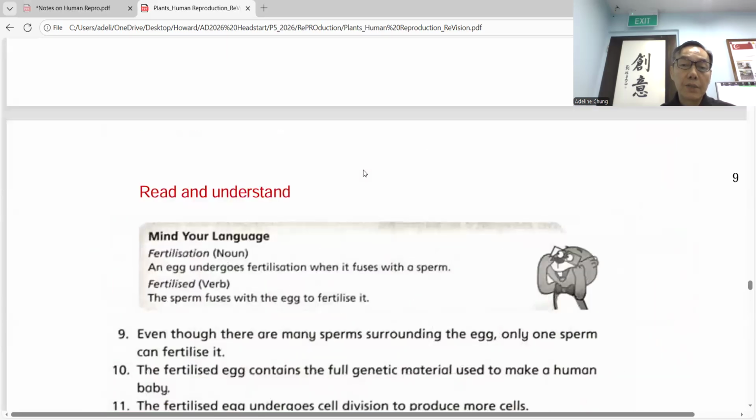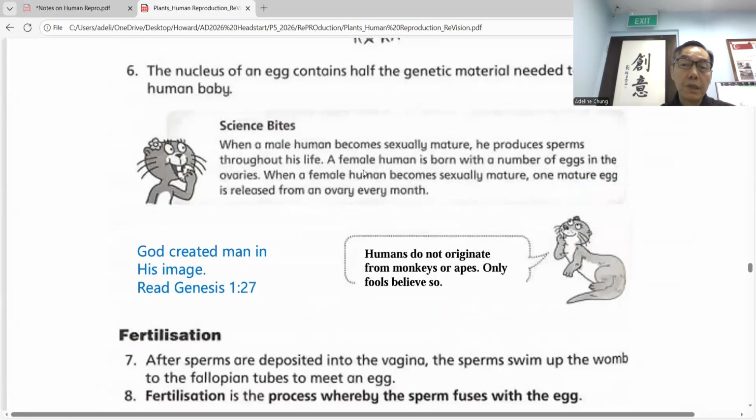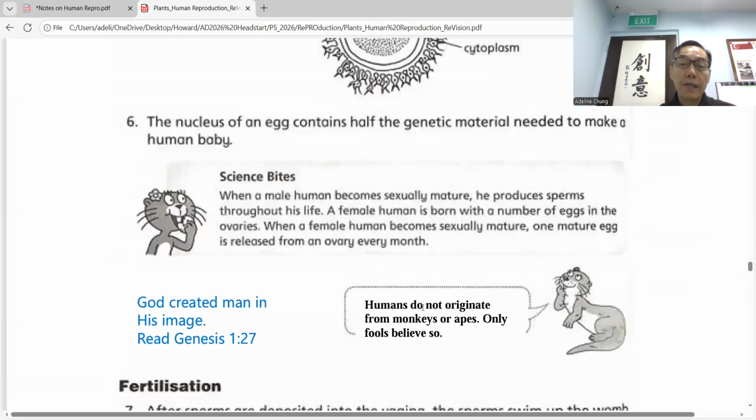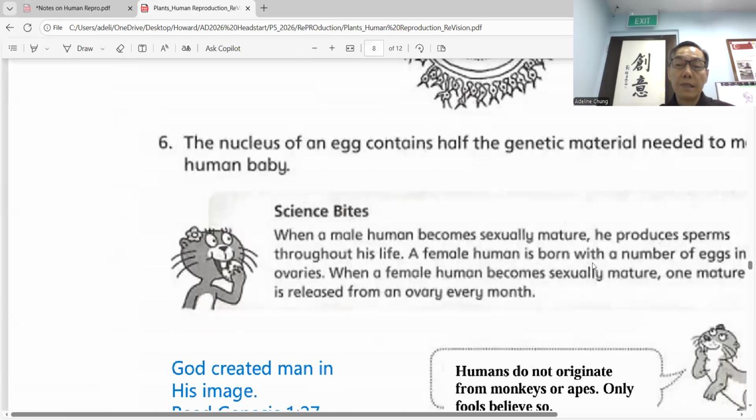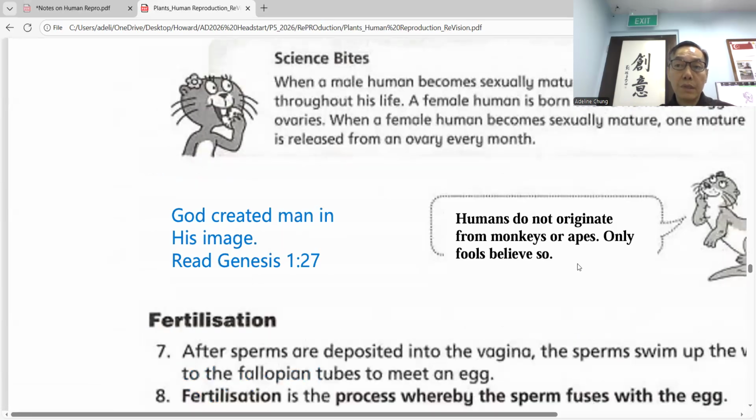I also like to highlight to students, because many students think that we come from monkeys: humans do not originate from monkeys. According to what we understand, God created man in his image.